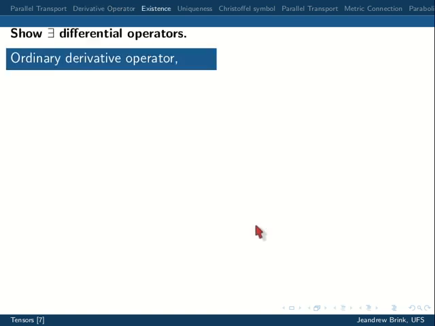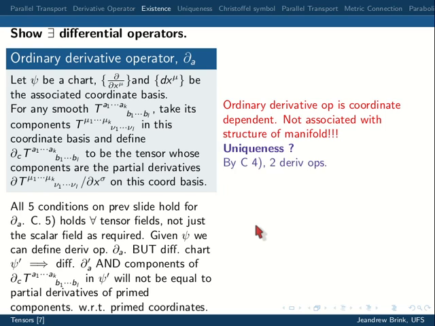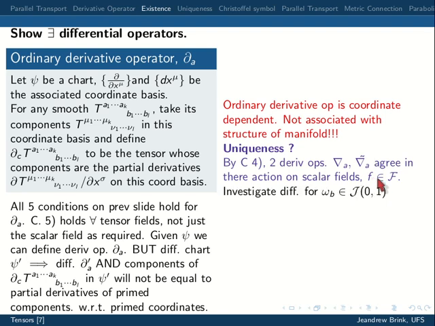So we're going to use that to explore the uniqueness. By C4, if we have two different derivative operators, they've at least got to agree on something. And what they agree on is the action on scalar fields. So two different derivative operators, if you apply them to a scalar field, have got to give you the same answer. So we can't just randomly choose something else. We know what it does for scalar fields.